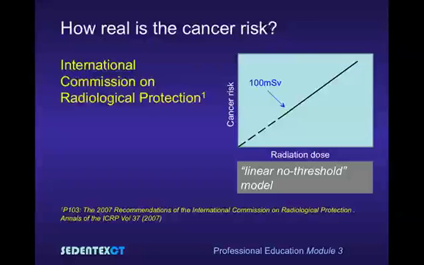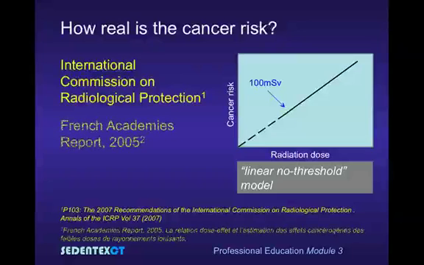Other models exist, and for example, the French Academy's report of 2005 felt that it was unable to support the linear no-threshold model and cast real doubt on whether there was a cancer risk that was real at doses at this low level.